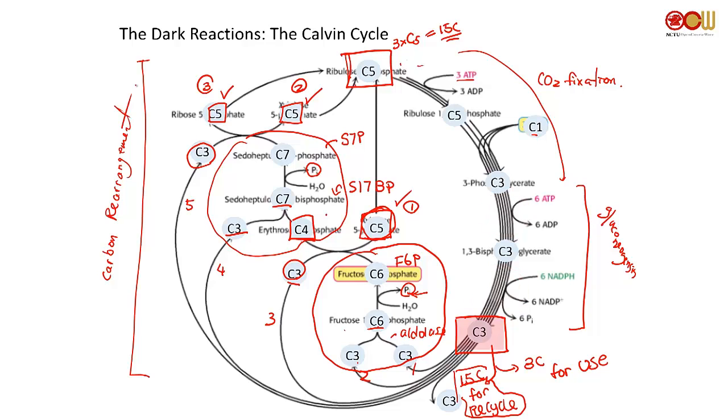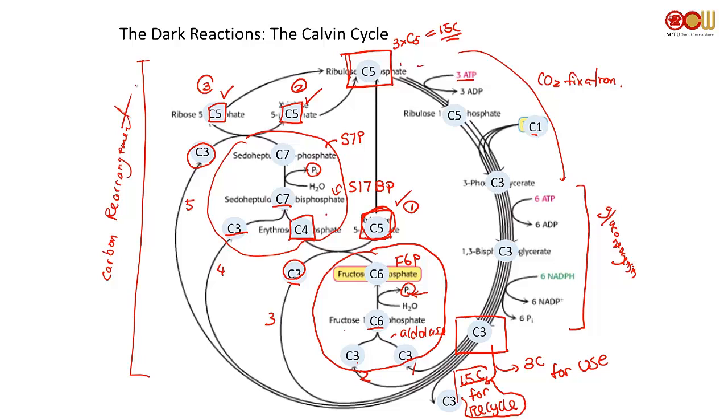Once you get down to here, you'll have 6 molecules of C3, and you only need to spend 5 of those molecules to generate back the 3 C5s. That leaves you with 1 C3 for whatever you want to do.